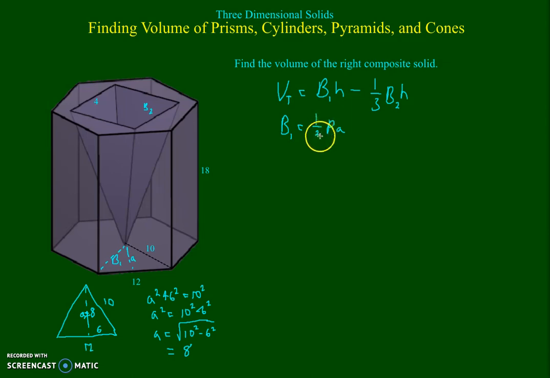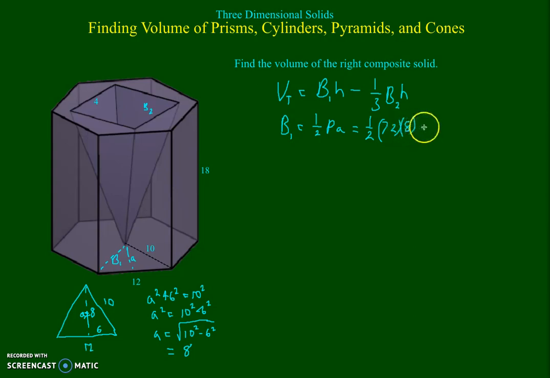Now we can actually calculate our big B1 here. This becomes 1/2, perimeter is 12 times 6, which is 72, times our apothem. Obviously I didn't have to store that because it's a whole number here.